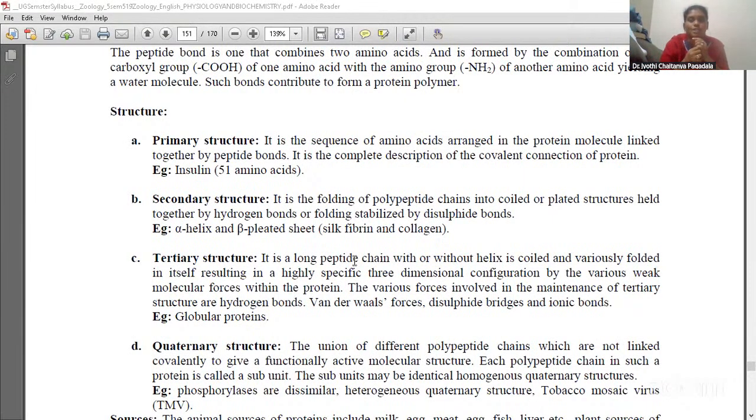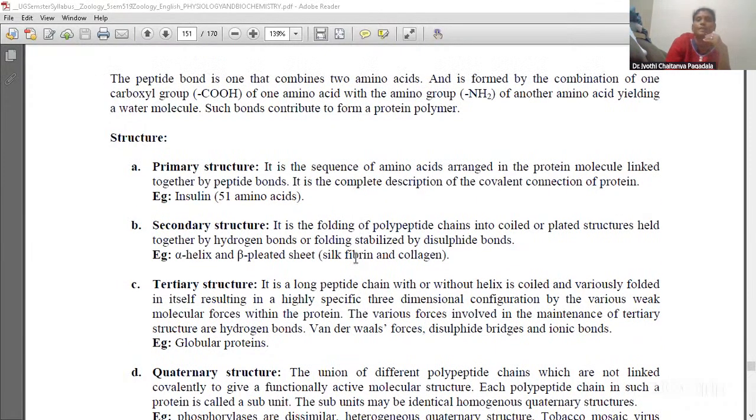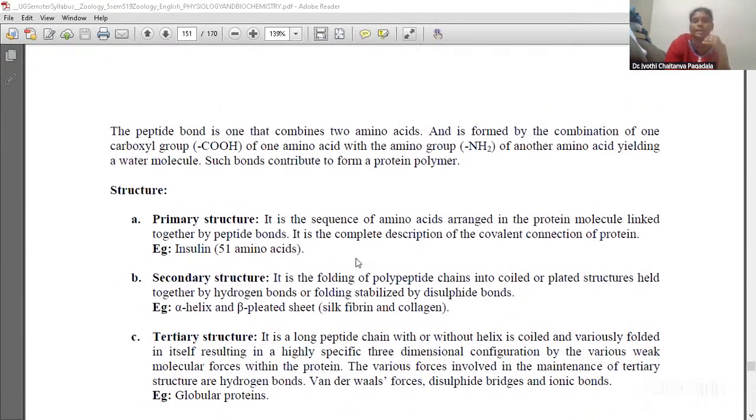Okay. And the other structure is the tertiary structure. In the case of the tertiary structure, it is a long peptide chain with or without helix, as in the secondary structure, and it is presented as many folded structures. You can see that because of many foldings, it shows a three-dimensional configuration.